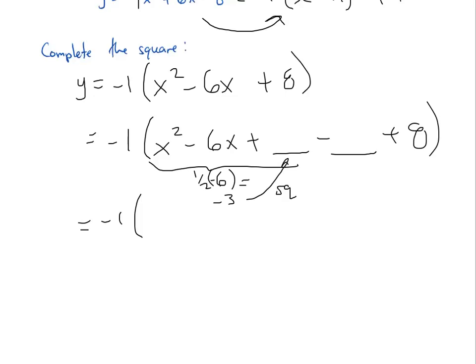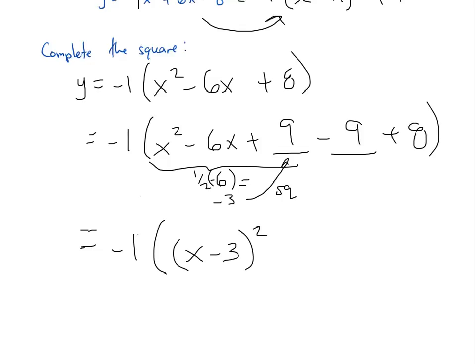So we're going to take -3 squared, so -3 times -3 is 9. We're going to add it and we're going to subtract it, so it doesn't change our values at all. And now, if we continue down and factor those three terms, that should be factored perfectly into our nice square. And then the remaining two terms add up to -1.